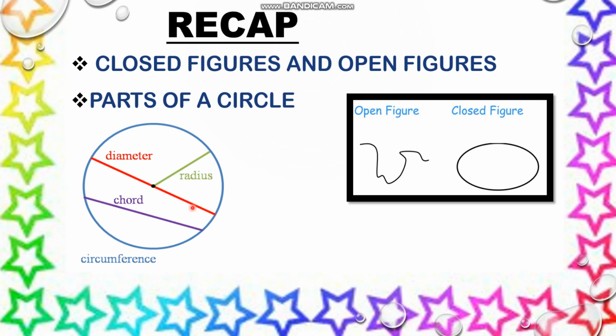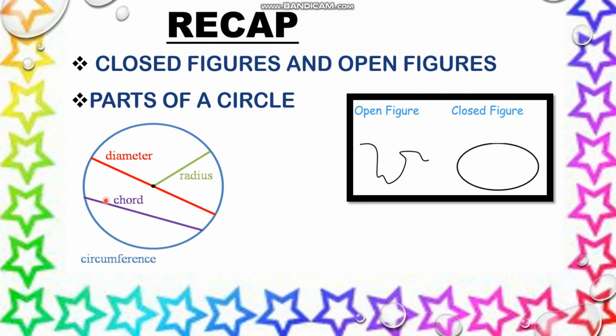Okay, children, and after that we learned that a diameter of a circle divides the circle into two equal parts, and each part is a semicircle.